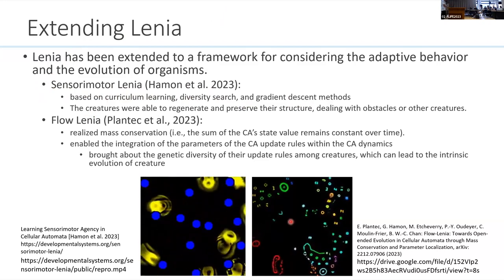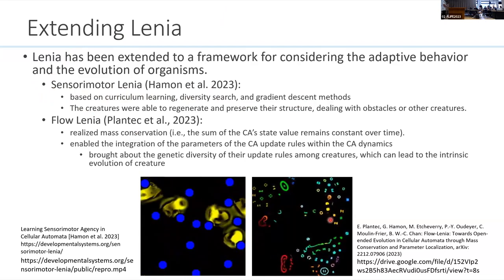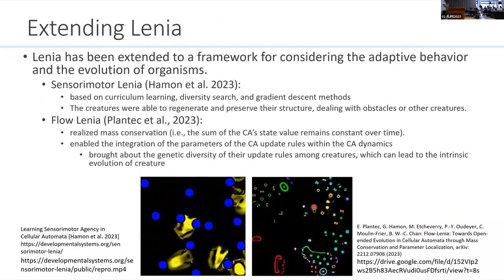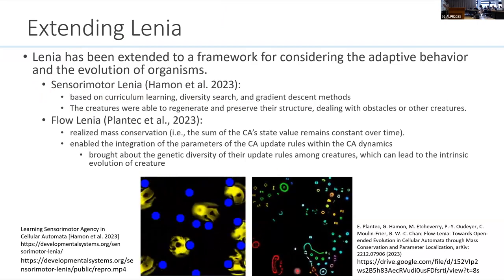And also in flow Lenia, this realized the mass conservation. That means that the sum of the cellular automata's state value remains constant over time.